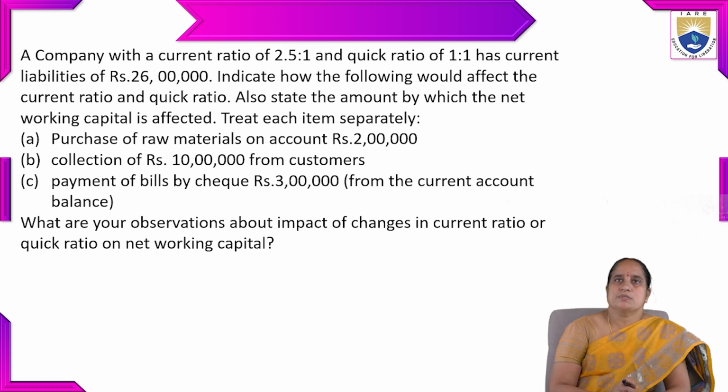Treat each item separately. First one, purchase of raw materials on account, that is 2 lakhs; collection of 10 lakhs from customers; payment of bills by check 3 lakhs from the current account balance. What are your observations about the impact of changes in current ratio or quick ratio on net working capital?